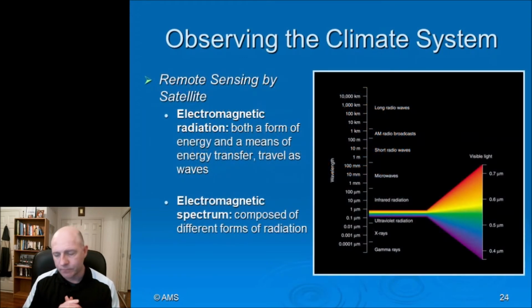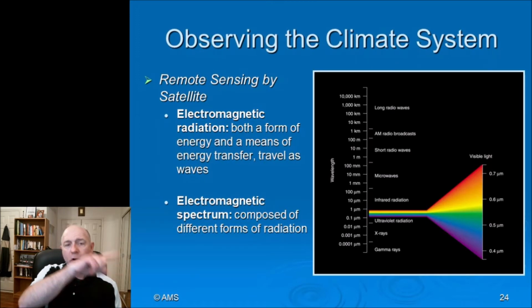So, a little bit of background about the electromagnetic spectrum. The electromagnetic spectrum basically involves all EM radiation. It's a form of energy as well as a means of energy transfer, and these go as waves. Most of these waves are invisible.